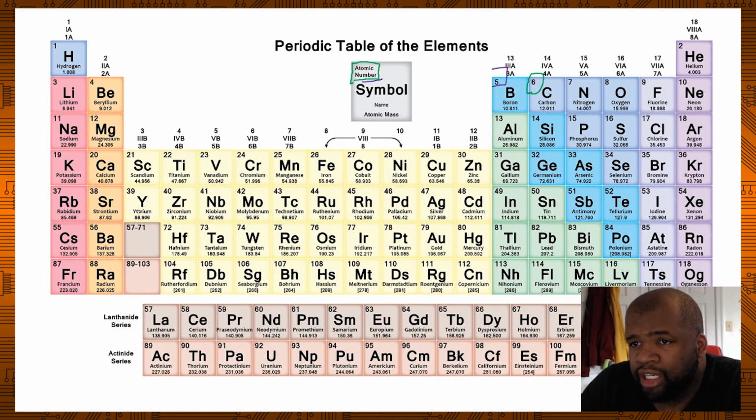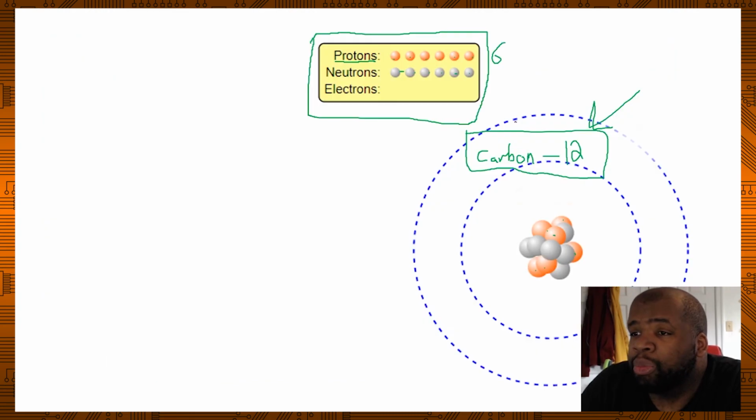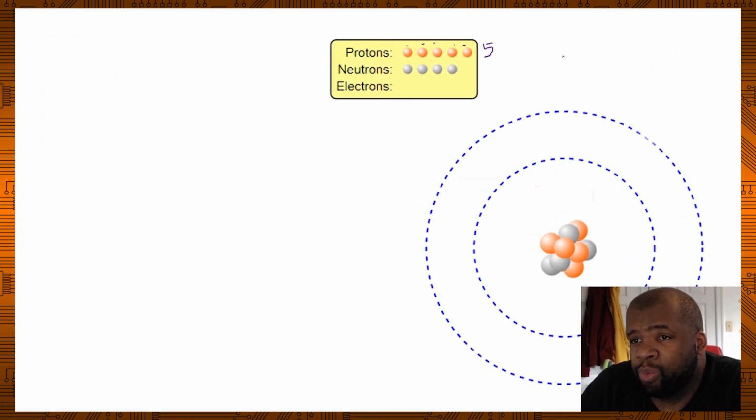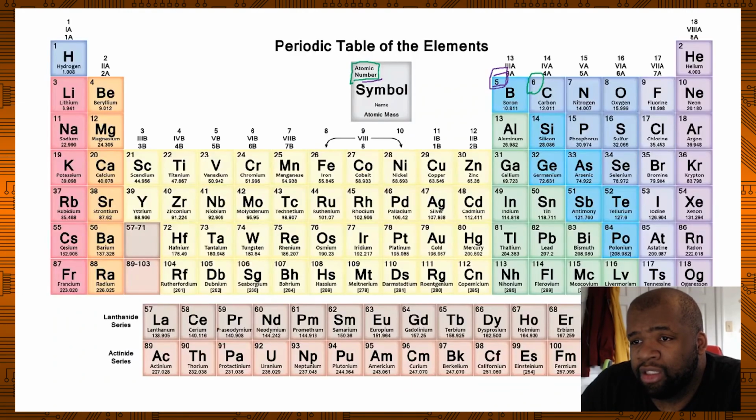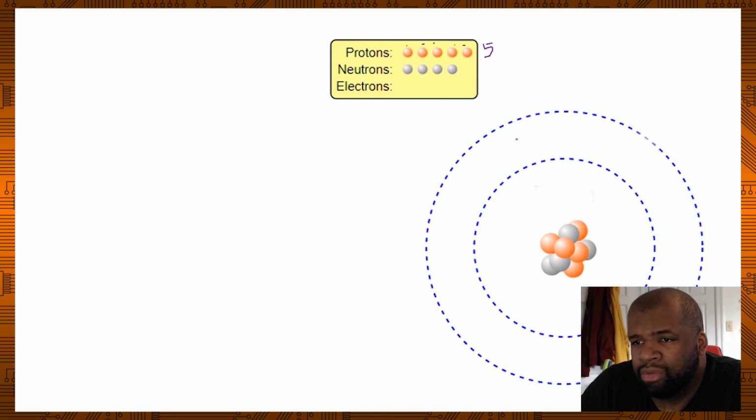Well, boron has an atomic number of 5. So when we go back to this one, we know that the identity of this is boron. B-O-R-O-N. So let's write that in. We always write out the full names when we're naming atoms. We always, always, always write out the full names.